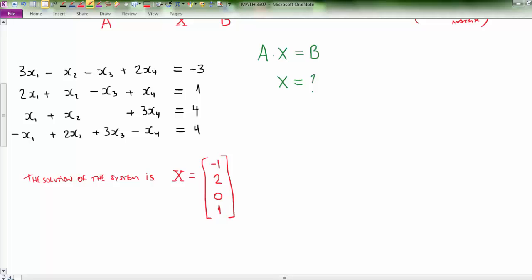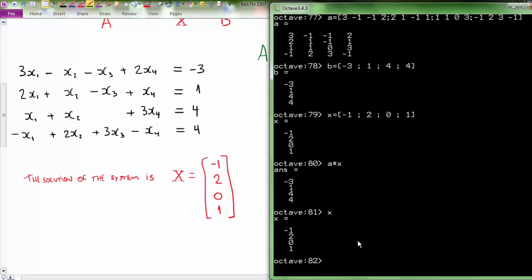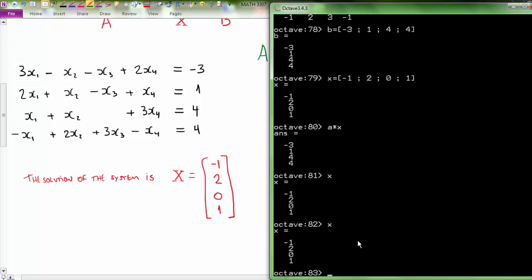Okay. One important thing about this solution is that vectors are considered to be column matrices. Right? So here x is a vector, or you can consider x as a column matrix.